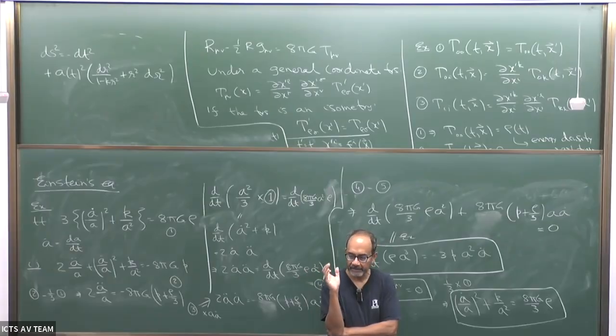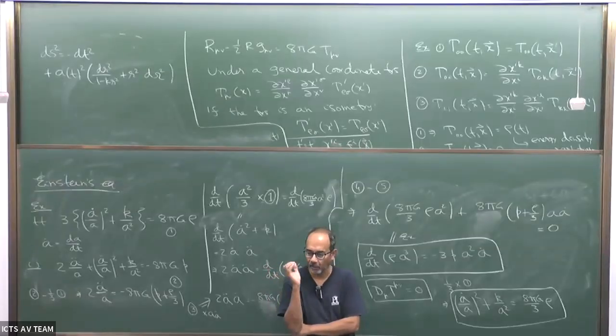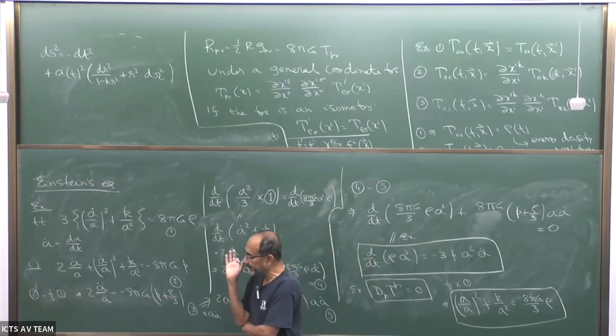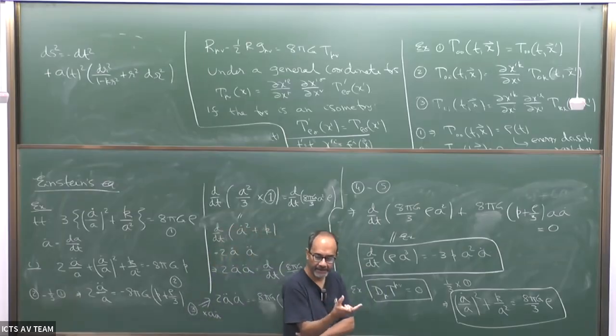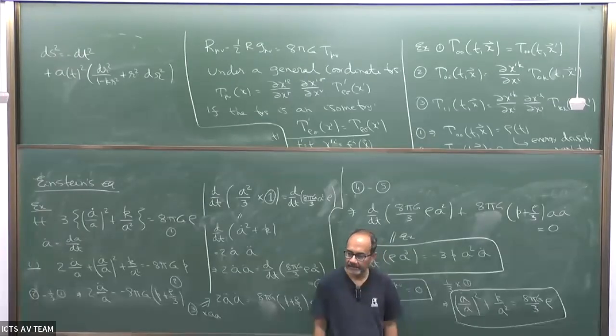Is that clear? Three functions, two differential equations; given initial conditions, you cannot solve for those three functions. Now, this additional equation is supplied by what is called the equation of state. And that requires knowing what kind of source of energy momentum tensor you have. Is this clear?